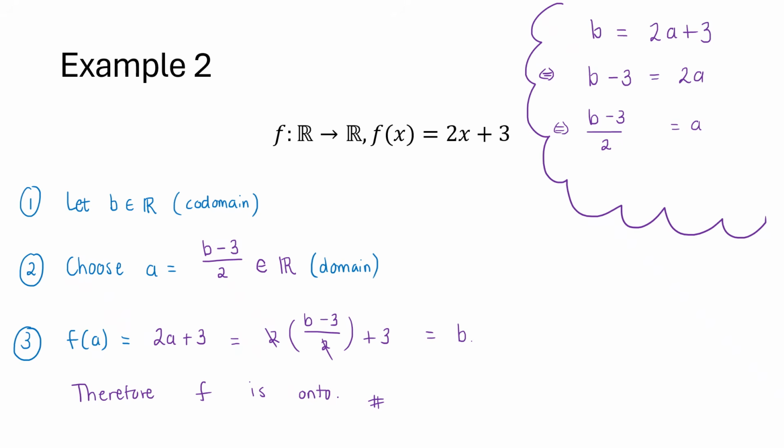because it is true, if we do this part, let me get my highlighter here. If we do this reversing rough work part where we assume B is equal to 2A plus 3, we would always be able to solve for A, and if we plug that back into the function, it should take us back to B. The main thing is what we end up with here for A. The main thing is that we need to check that this is actually part of the domain.